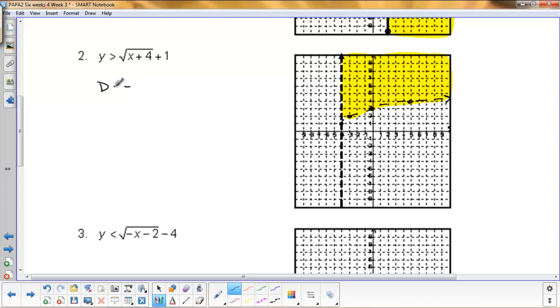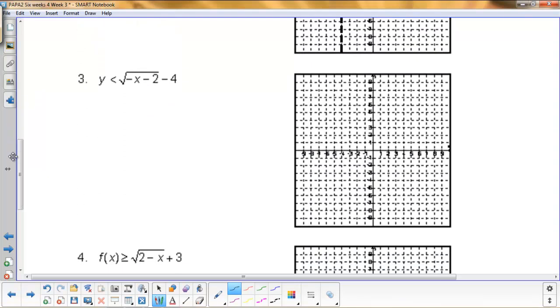The domain of the solution set is going to be -4, not included, to infinity, and the range is going to be 1 to positive infinity, not included.